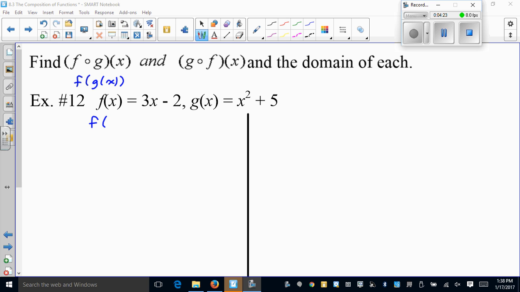So really, g of x is x squared plus 5, so I really want f of x squared plus 5. So in f of x, everywhere I see x, I'm going to replace it with x squared plus 5. So this is going to be 3 times x minus 2. And now I can plug this x squared plus 5 into here.